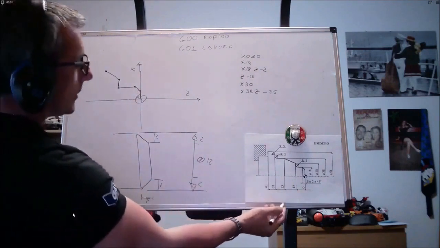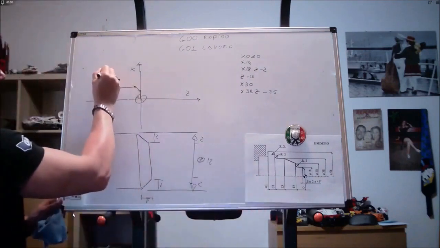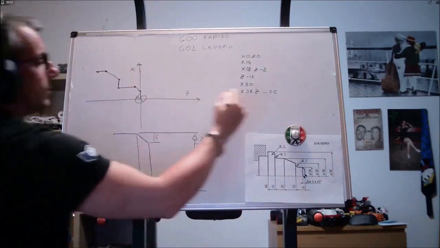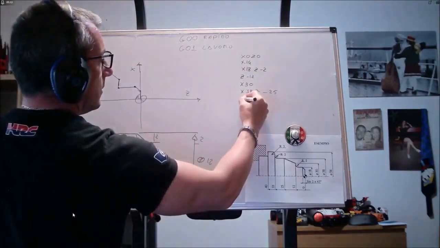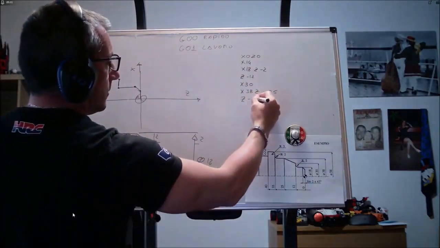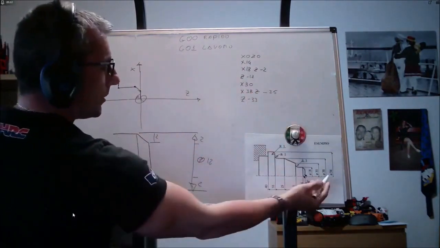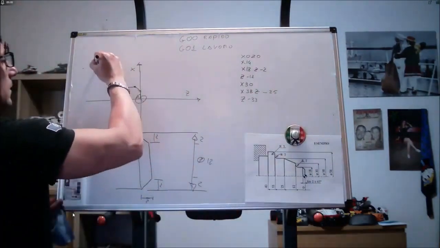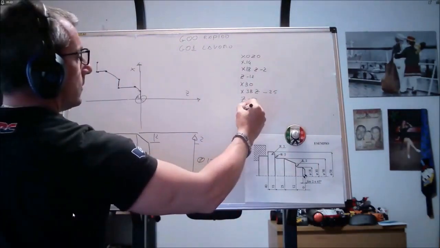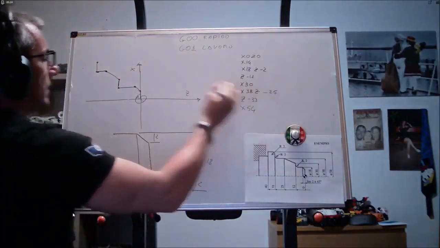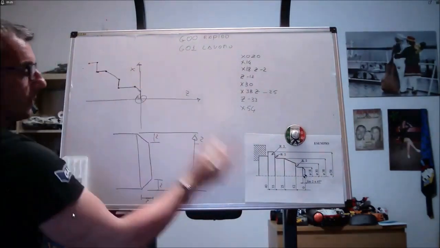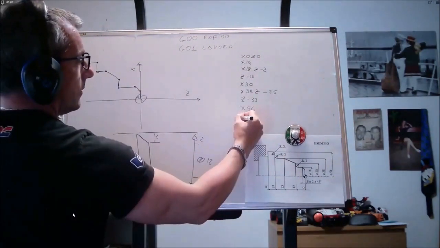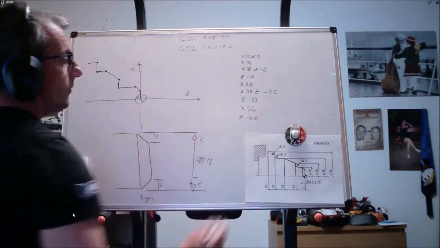Now, a single coordinate to go to Z minus 33. Then a single coordinate to rise to X54. Then another single coordinate to finally finish the piece. Z minus 40.